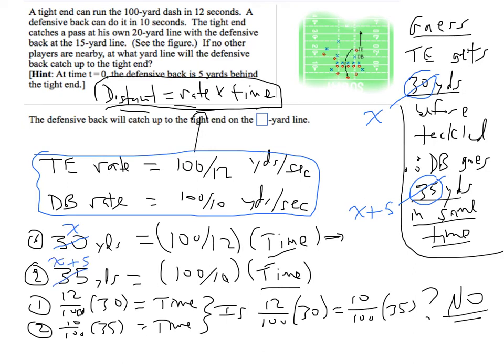And so the rest of this equation is still exactly the same. Right? The distance traveled is the speed times the time it takes. And that key idea that the time in both cases has to be equal, that's what you mean by the defensive back catching the tight end: at the same time that the tight end has run X yards, the defensive back has run X plus 5 yards.